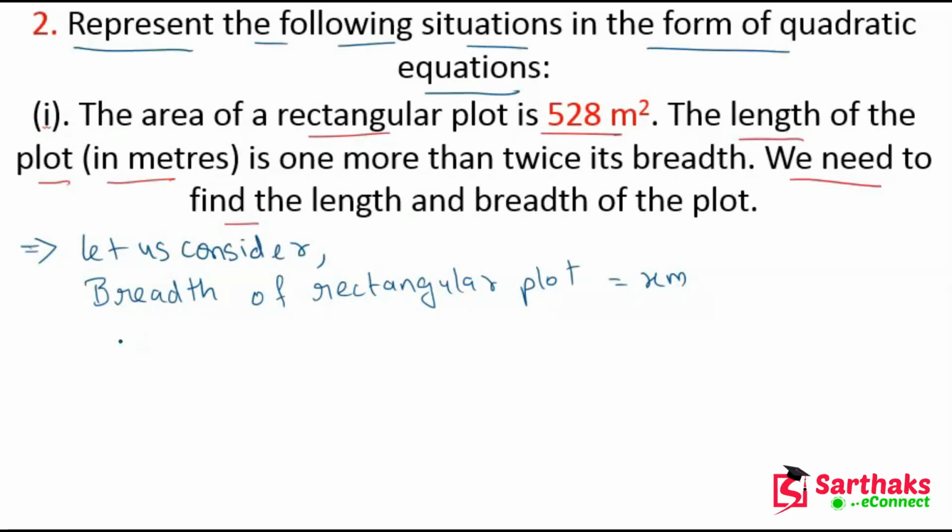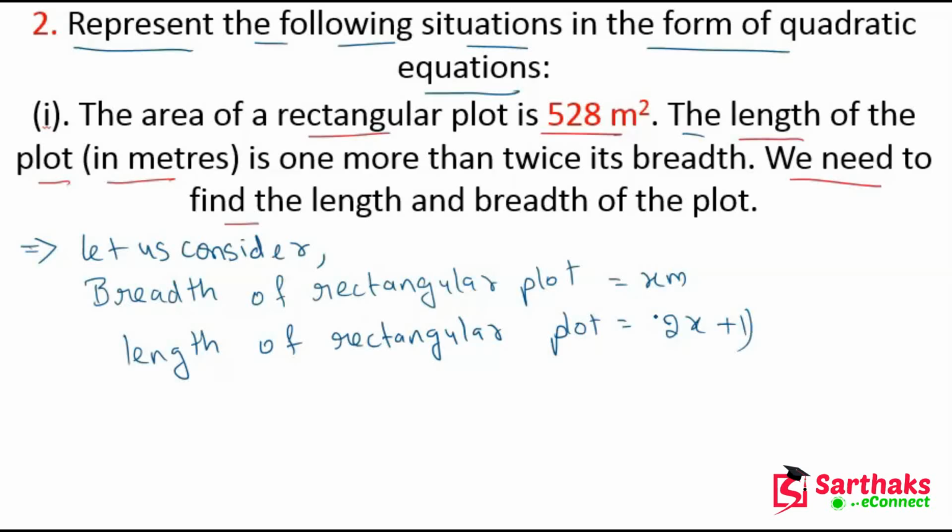And so the length of the rectangular plot will become, because according to the question, the length of the plot is 1 more than twice its breadth. So twice its breadth means 2x, and 1 more than means plus 1, which is in meters.